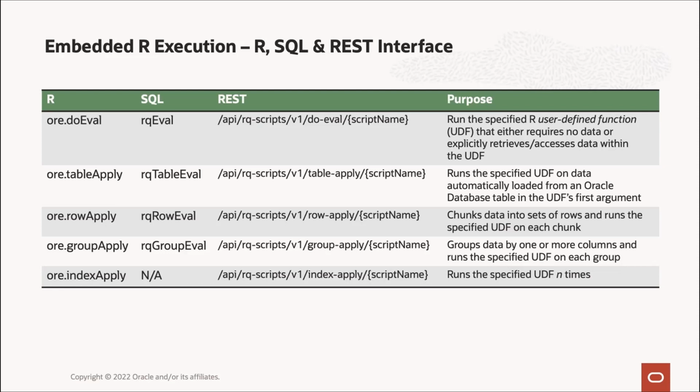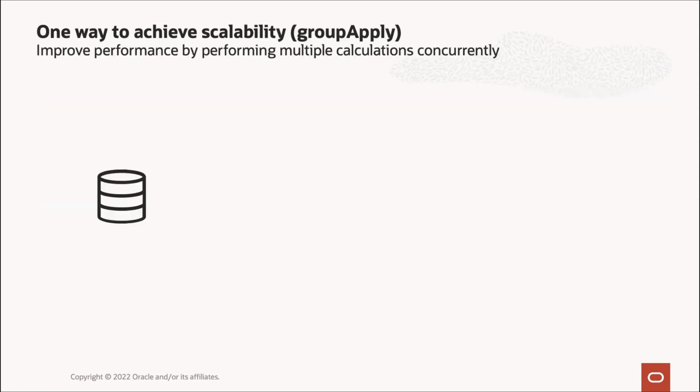Moving forward, group eval groups data by one or more columns, such as, say, gender, species, or city, and runs the UDF on each of those groups. And to finish off our table, index apply runs the specified user-defined function n number of times.